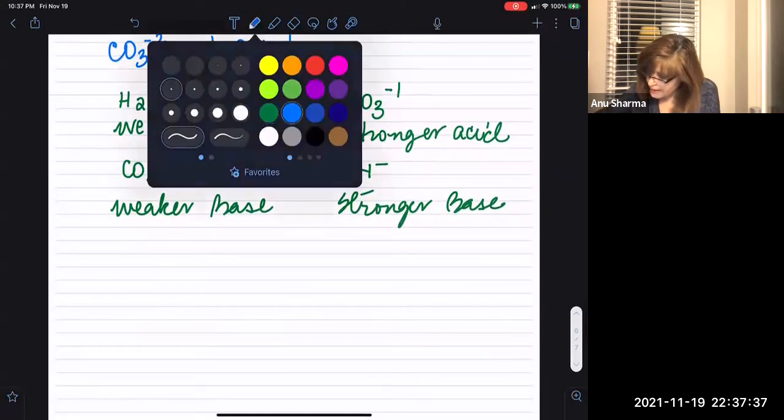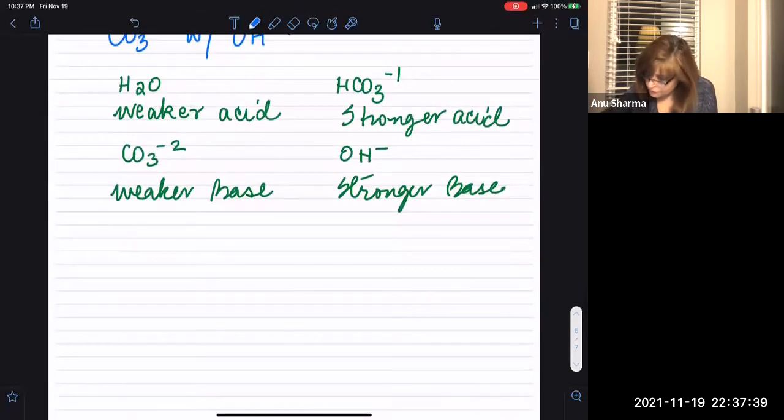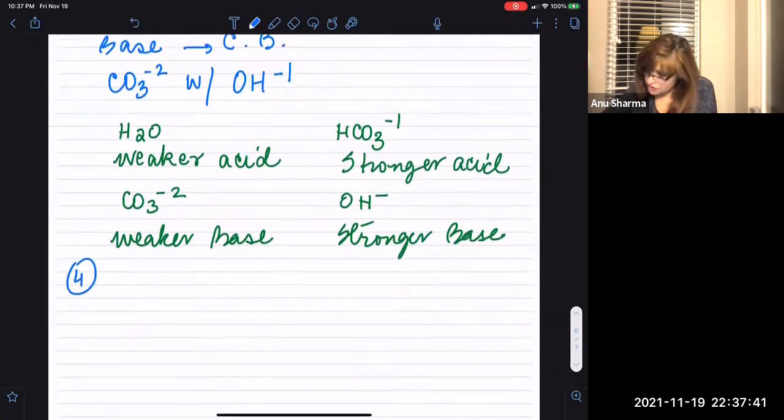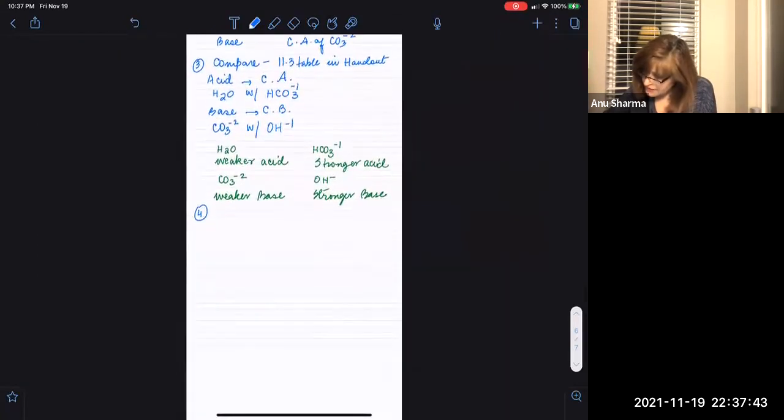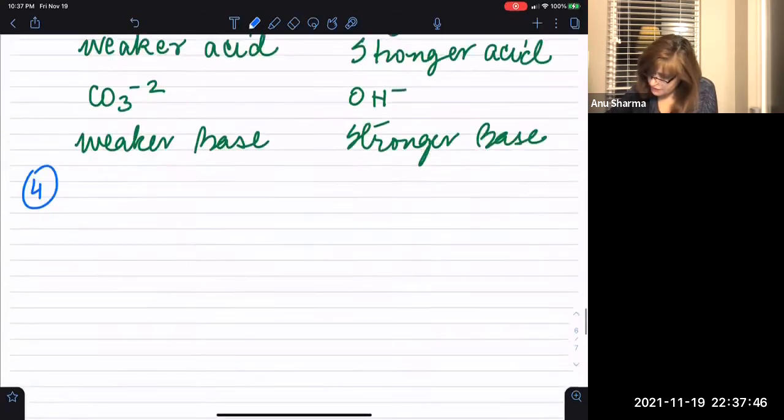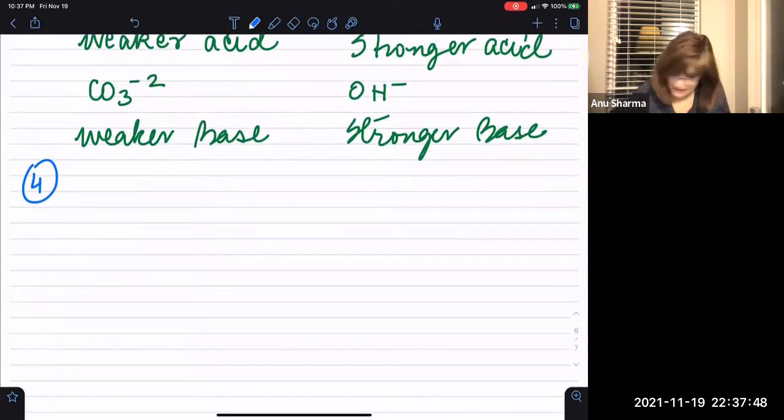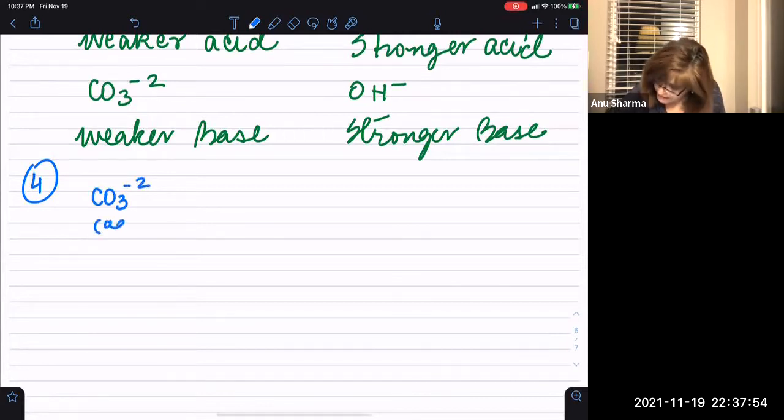Now let's go back and write this whole thing down. We are looking at this problem. The problem is carbonate, CO3 minus 2, aqueous, reacting with H2O as a liquid.